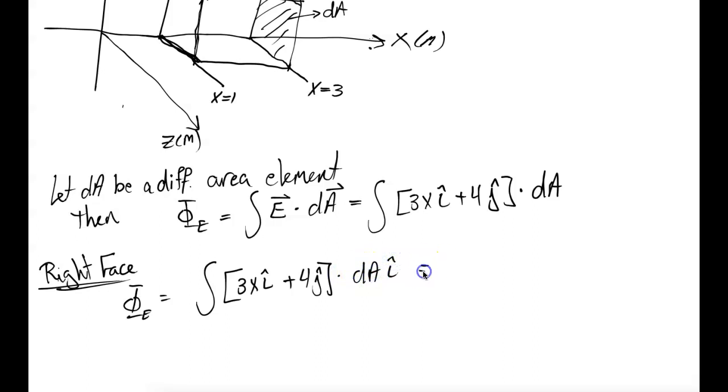And as we know, when we do the dot product, only like terms survive. So this is going to be the integral of 3x times dA, which is the same as, since the 3 is constant, 3 times the integral of x dA.